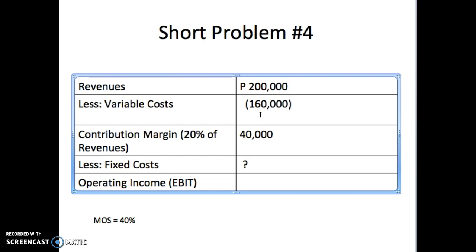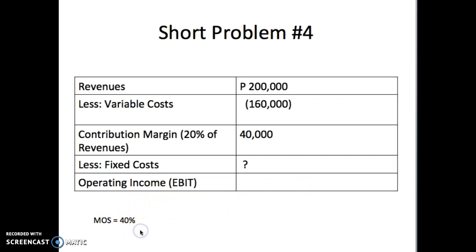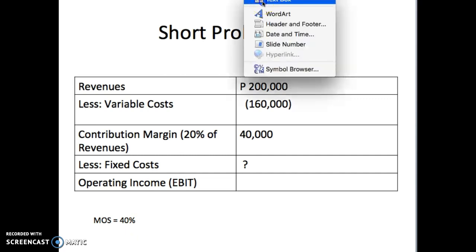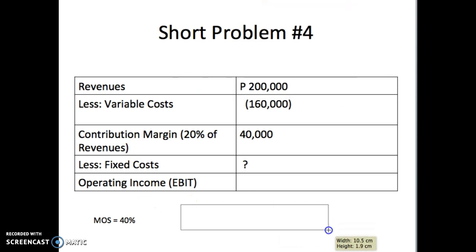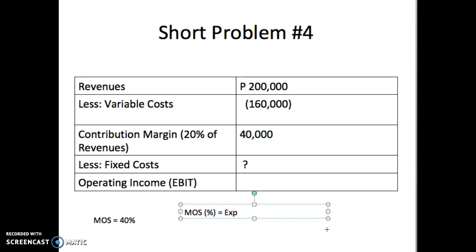However, we don't know the fixed costs. We don't know the operating income, but we have the margin of safety. The margin of safety is equal to 40%. If you remember from the previous slides, the margin of safety in percentage can be computed by getting expected sales, in this case your 200, minus break-even sales in pesos.